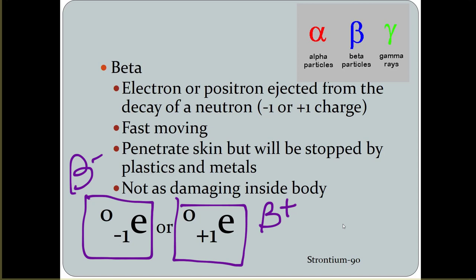These beta emitters are used a lot in treating certain cancers because they can be targeted at the cancer and they can penetrate the skin and target the rapidly growing cells of the cancer.